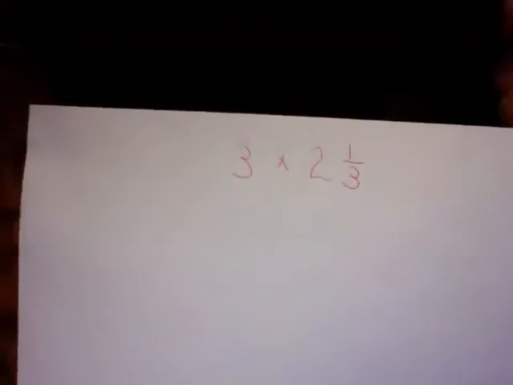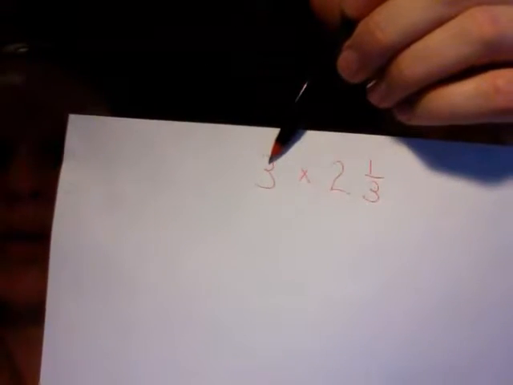So let's try this one. We're going to do the whole number 3 times 2 and 1/3. Now remember, anytime we have a whole number, we put it over what? We put it over 1.